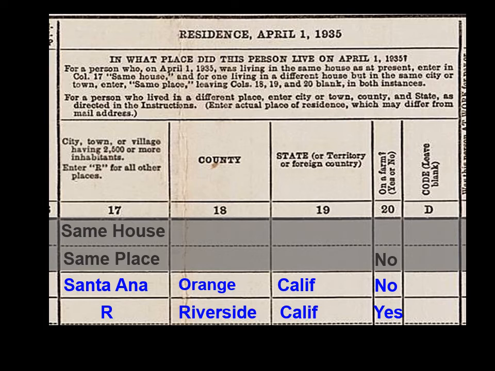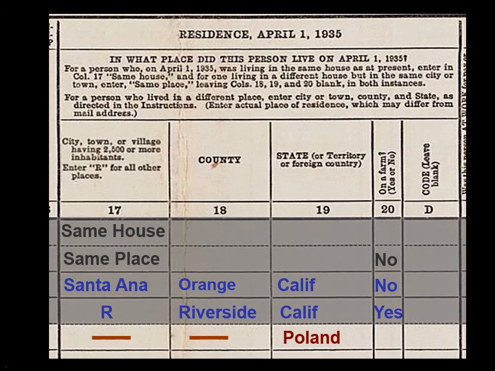If you had moved, they would want to know where the old house was, and the county, the state, and again a question about farm usually, and there would also be some other questions if you lived in a rural area as well. And if you moved into the US from a foreign country, you'd only have to put down the name of the foreign country.